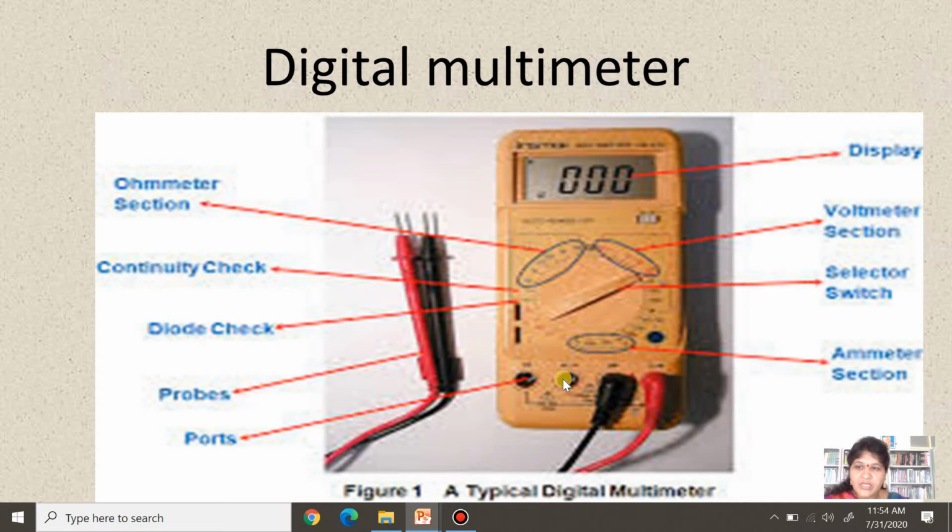Then we have the different knobs. Here we have the positive jack and the negative jack. The positive jack is used for most of the measurements, and the negative jack is used as a common for the device. Then we have the speaker symbol, and this is for the continuity test. So these are the different parts of the digital multimeter. Let us study these parts one by one in detail.